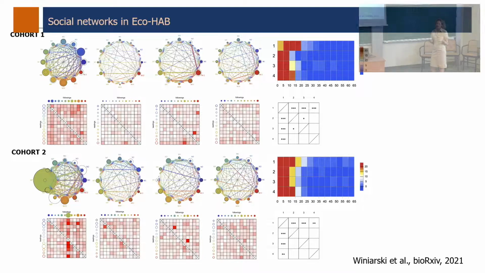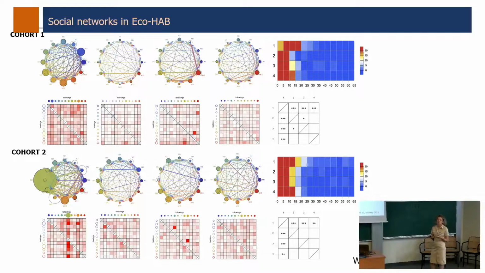They are genetically identical, so we expected to have more similar results, but still we see these individual differences in this following behavior and in the propensity to be a leader or a dominant animal.